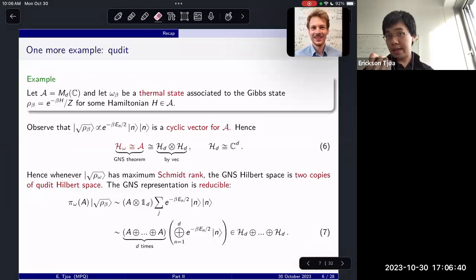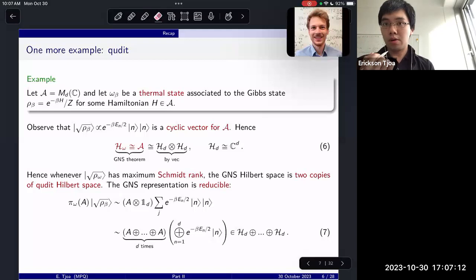And I will just give one example to drive this point. Last week I gave the example of a qubit with a maximally mixed state, but now I'm going to take a system whose algebra is d-dimensional complex matrices, and take a thermal state, which is represented as a Gibbs state with a density operator associated to some Hamiltonian. In the operator algebraic framework, the Hamiltonian is a self-adjoint operator with real spectrum, which means that it is actually an element of the algebra.